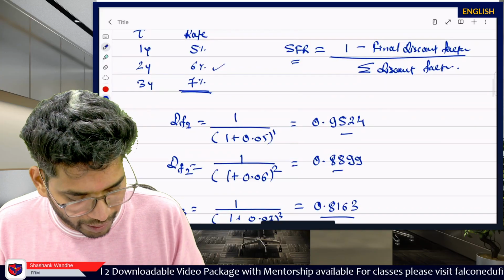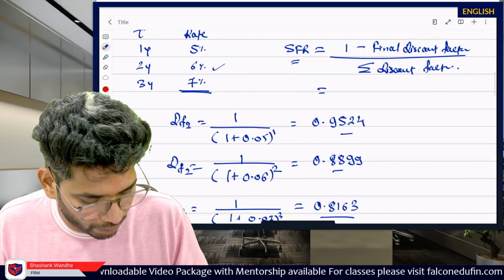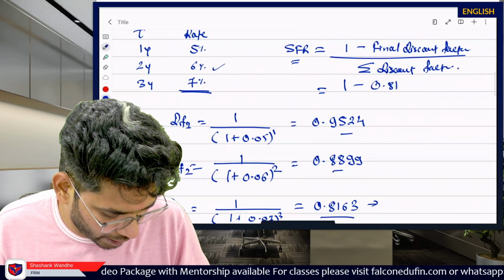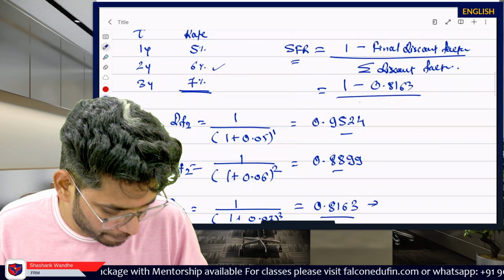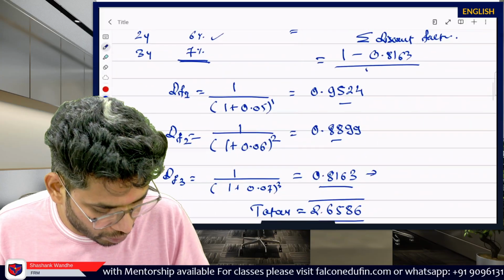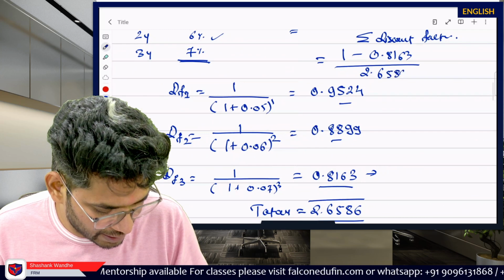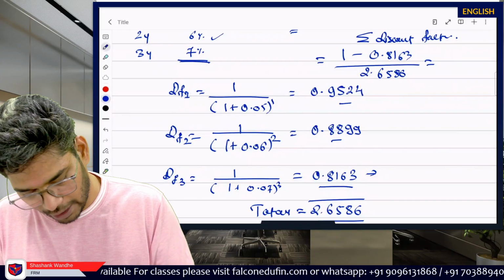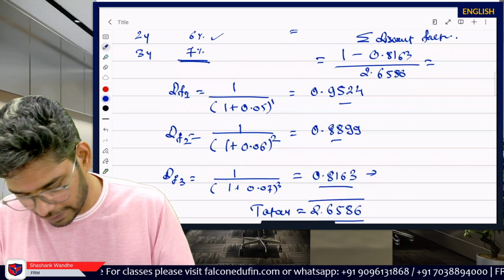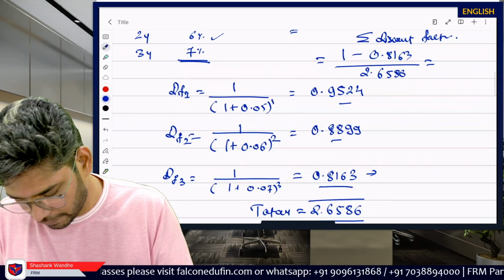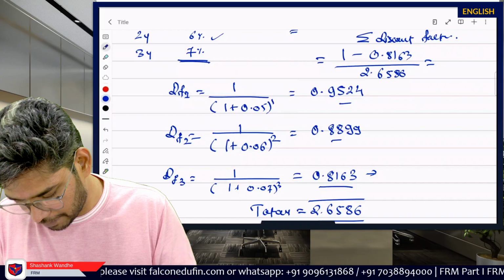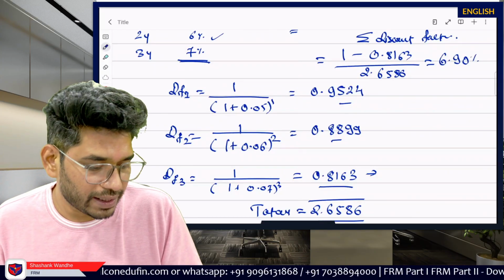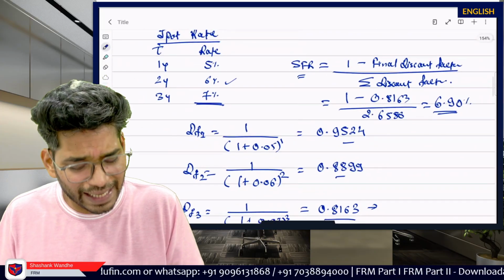So here we can directly put it into the formula. In the formula, it will be 1 minus the last discount factor, 0.8163, divided by the total, 2.6586, and then you have to do the calculation. So 1 minus 0.8163 divided by 2.6586, multiplied by 100, is 6.90%, and this is your SFR.